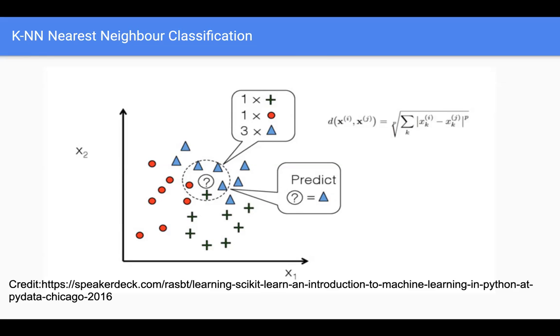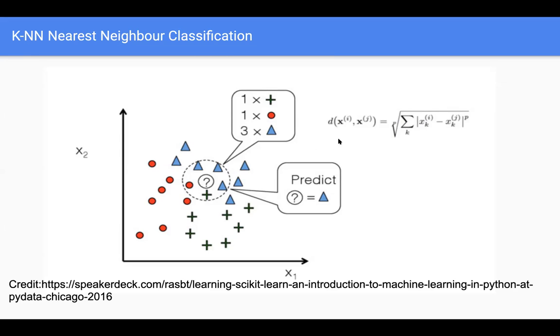So this algorithm does majority voting to identify which category it may belong to. Since the majority of points around it are triangles, the prediction is a triangle.